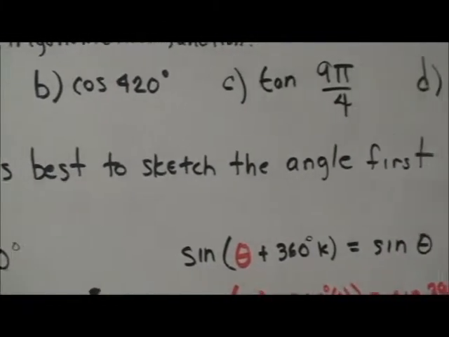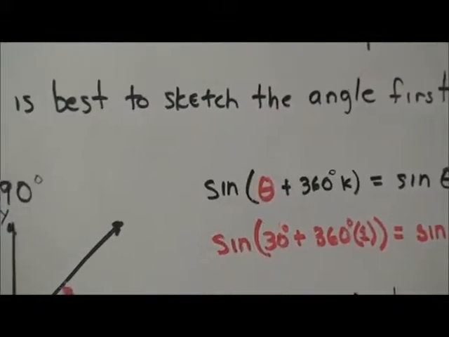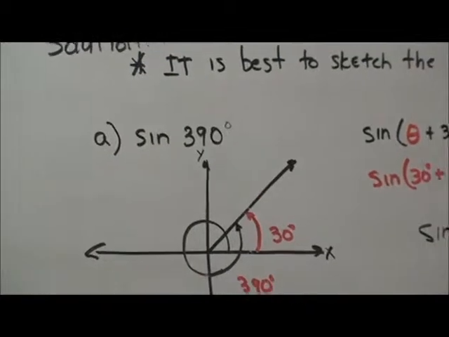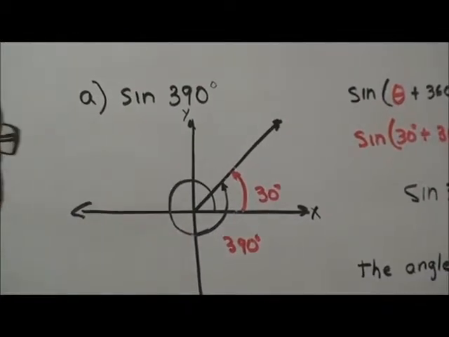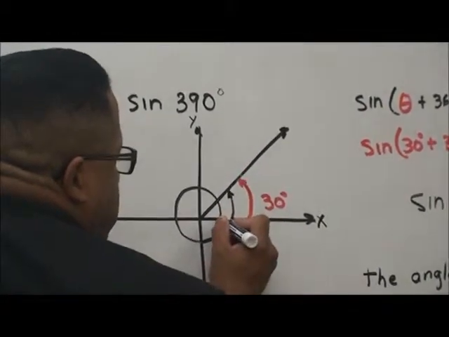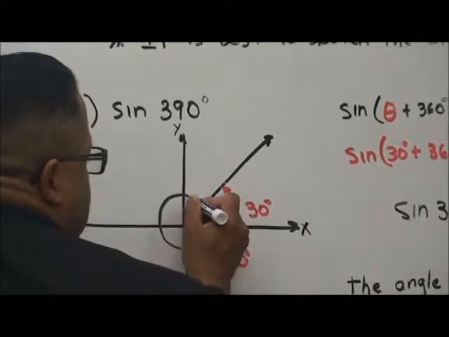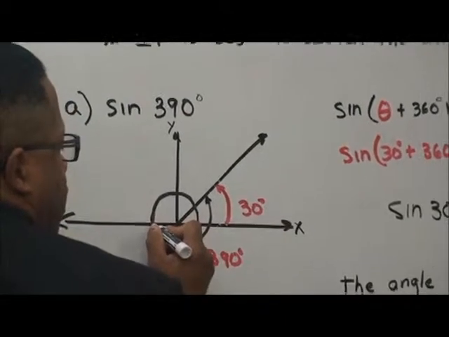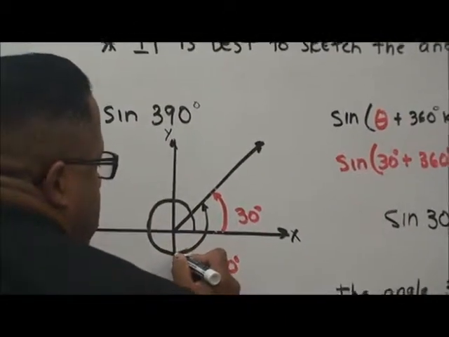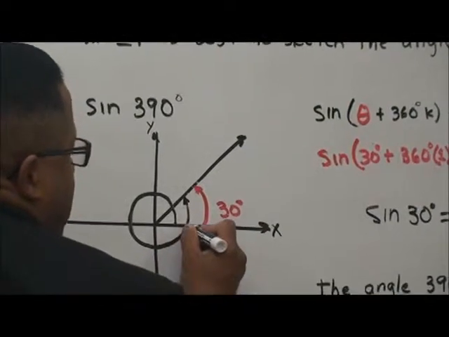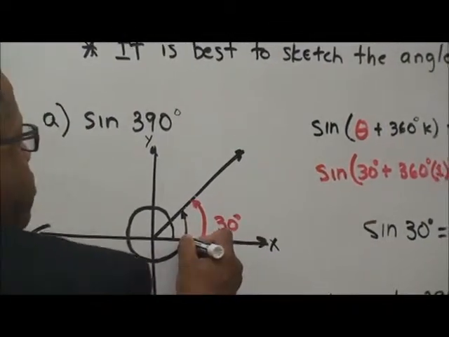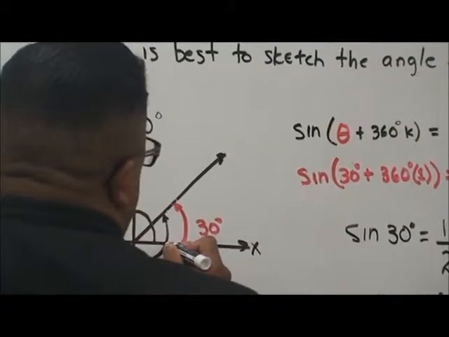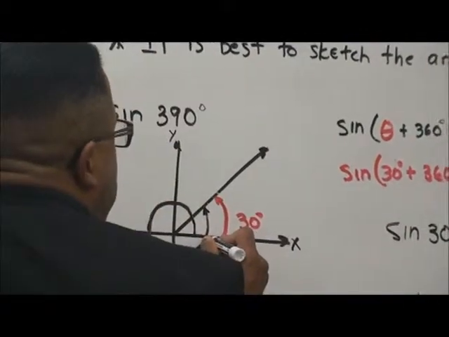We're starting from the initial side, and it will go around and around. That'll be 180, and then continuing on, this is 360, and 390 is going to lie between 360 and 450, somewhere in between in the first quadrant.